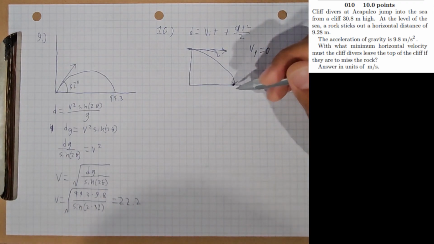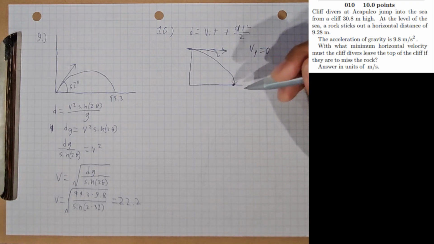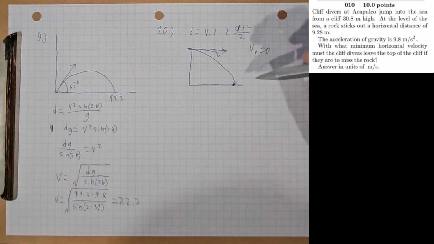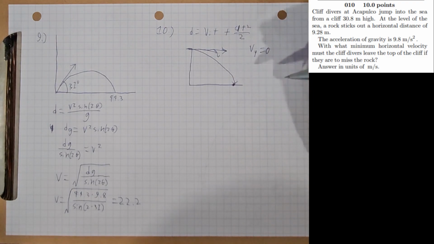It wants basically to get past this rock. We can assume that it's really asking for the lowest speed you need to get exactly to the rock.